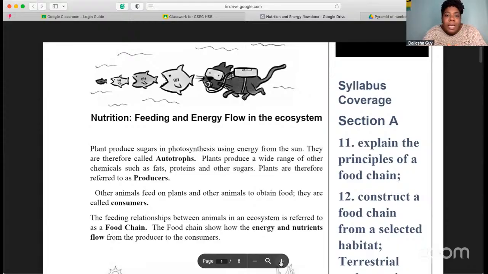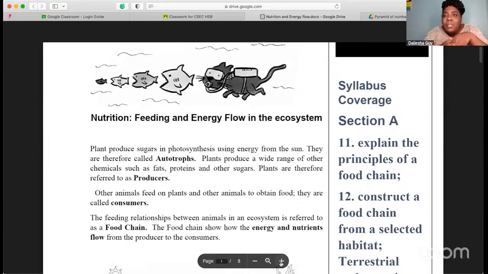And we said in our earlier topic, characteristics of living things. In order for us to be living, we must have nutrition. We're going to look at that today in terms of the feeding relationships as well as the energy flow in the ecosystem.